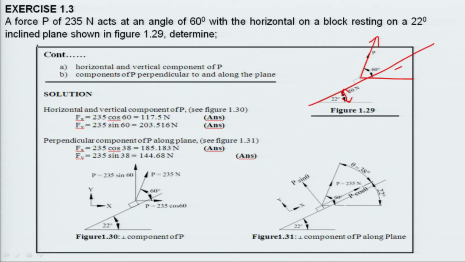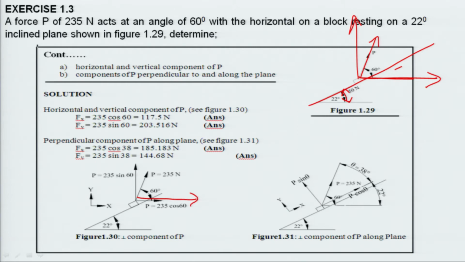What we need to calculate? We need to calculate the horizontal and vertical components of P. How will they be calculated? This is the horizontal component, and it is calculated here. What will be the value?